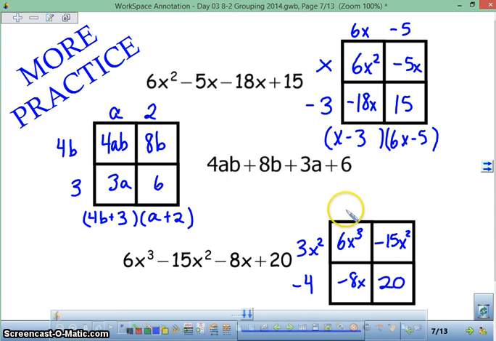Up here we've got 2x, and here we've got negative 5. A good check is to always run back and see if you do your multiplication, do you get what you started with? It's an easy way to check. 3x squared minus 4 times 2x minus 5.